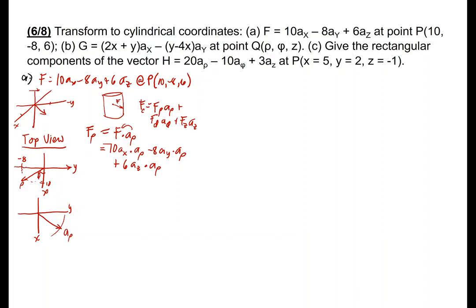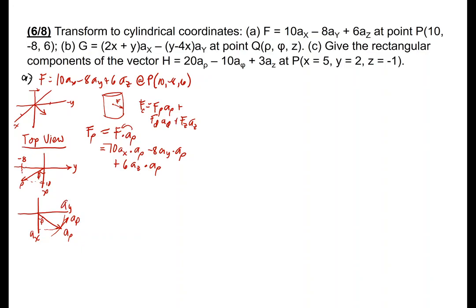It's a circle, but if you're at this point, actually it points this way. So this is the a phi. Now for your a rho, this is with respect to your angle phi there. So a rho is actually the cosine equivalent of ax.